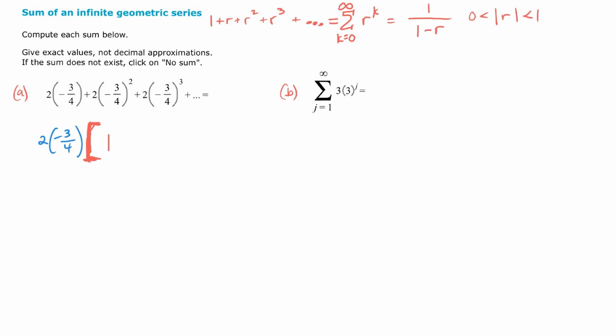We have a 1 plus negative 3/4 to the first power plus, now we're at the third term, we have negative 3/4 to the second power. And this doesn't stop. Notice this pattern here is this pattern right here. So now you can see the common ratio. It's actually negative 3/4.